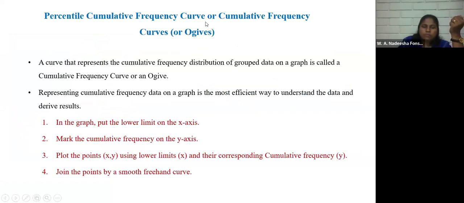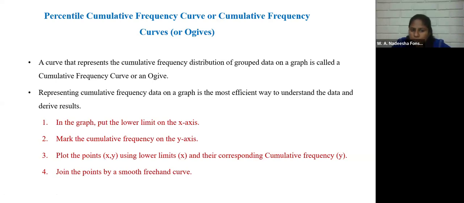Here, the percentile frequency distribution curve or cumulative frequency curve. Another name is ogive. That is a curve that represents the cumulative frequency distribution of grouped data on a graph, and is called a cumulative frequency curve.